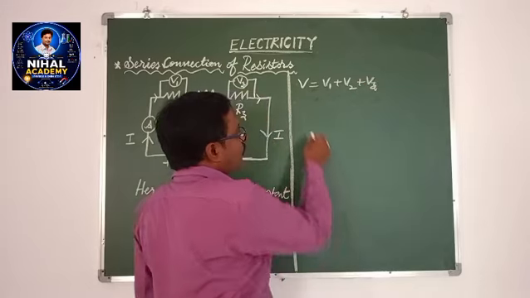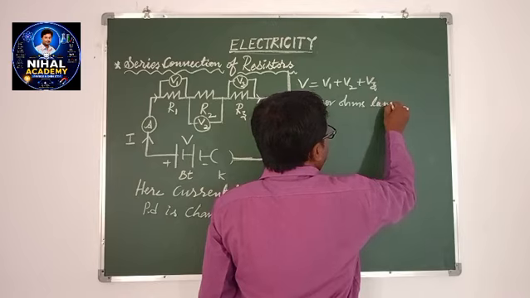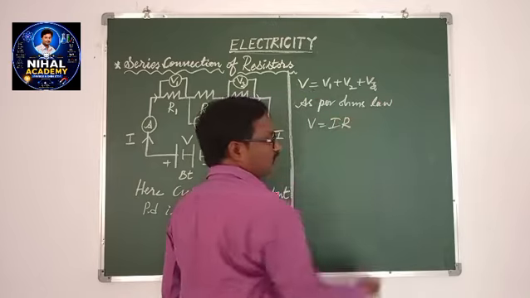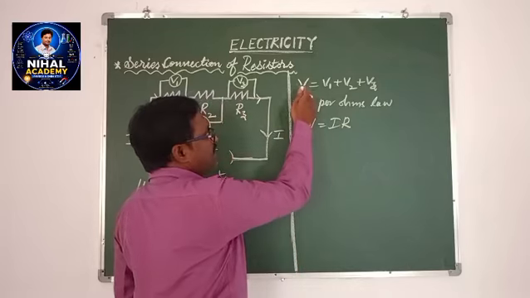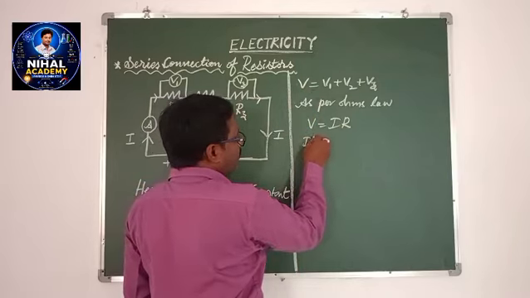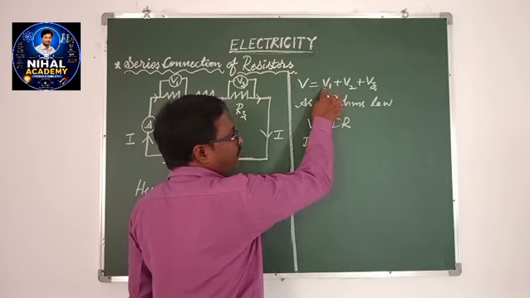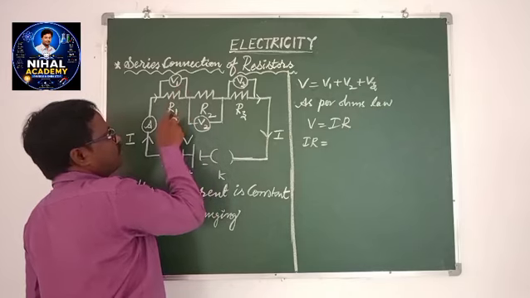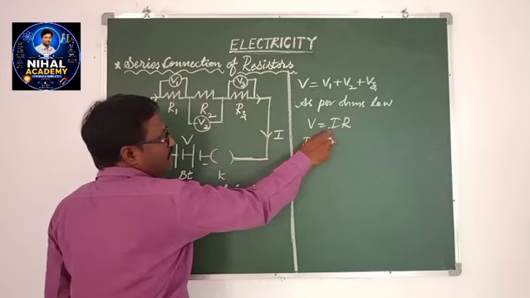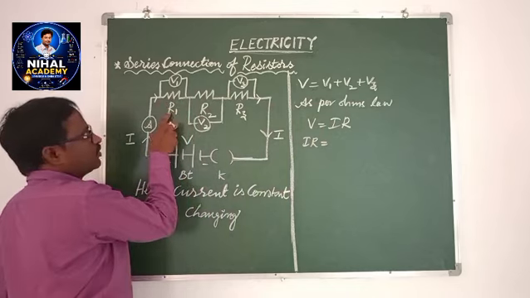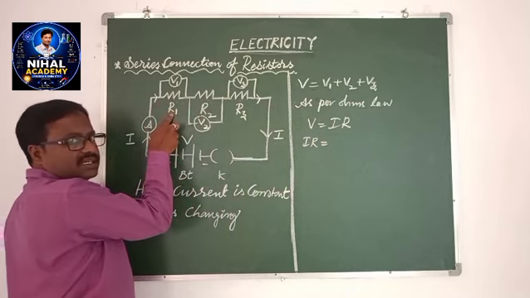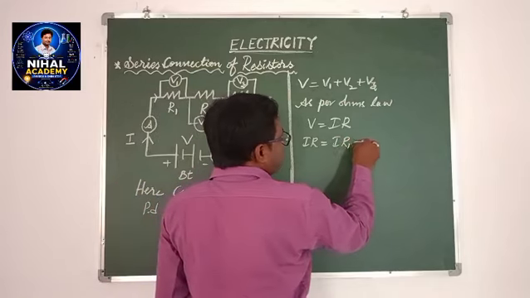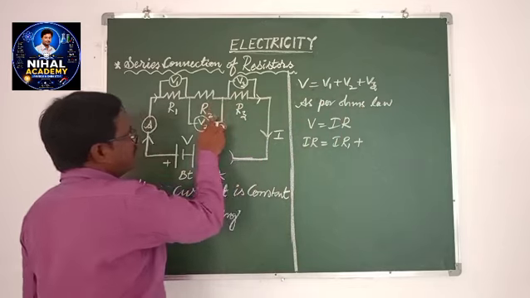As per Ohm's law, we know that V is equal to IR. Now apply this formula in this case. V1 means the potential difference at R1. Since V is equal to IR, the current passing through R1 is I and the resistance is R1, so IR1, plus V2, the potential difference at R2.